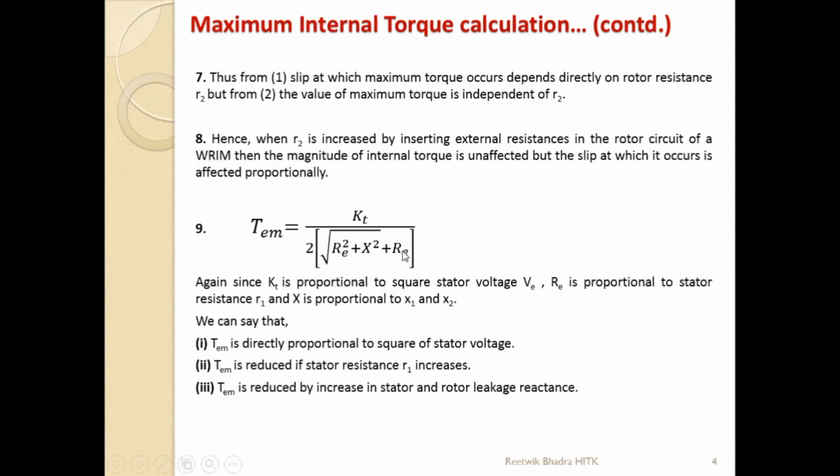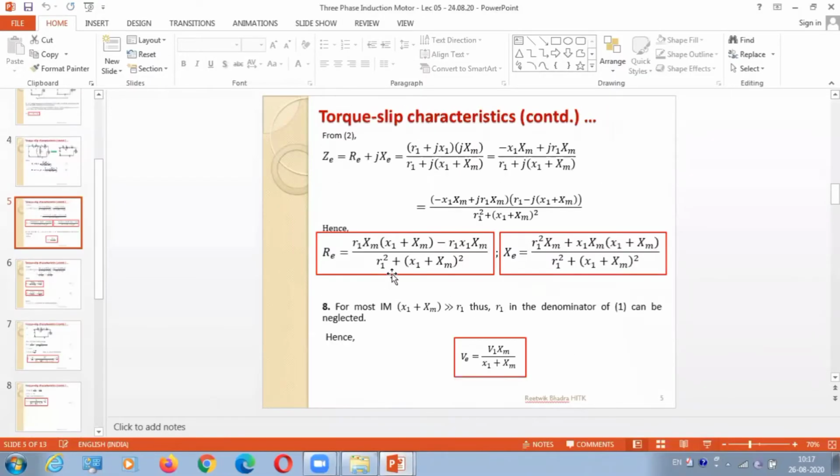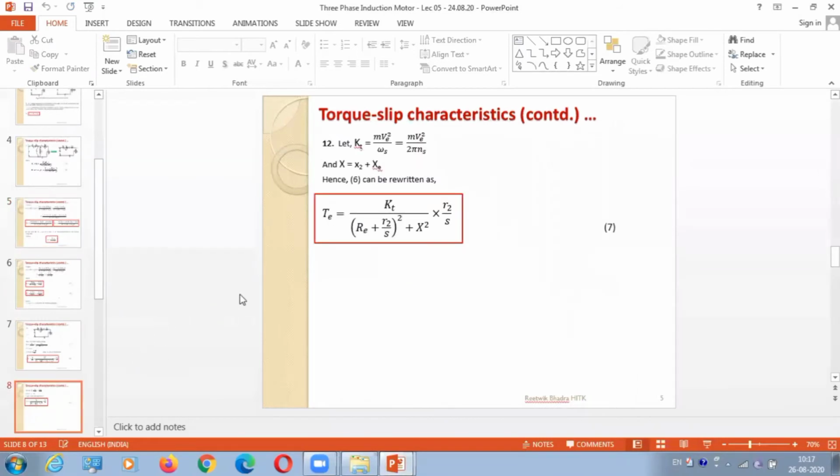Next, this is our value of your maximum torque. Now from here, you can see TEM is directly proportional to your KT. KT, last day we had used our equation and we just checked last day slide. See KT equation.